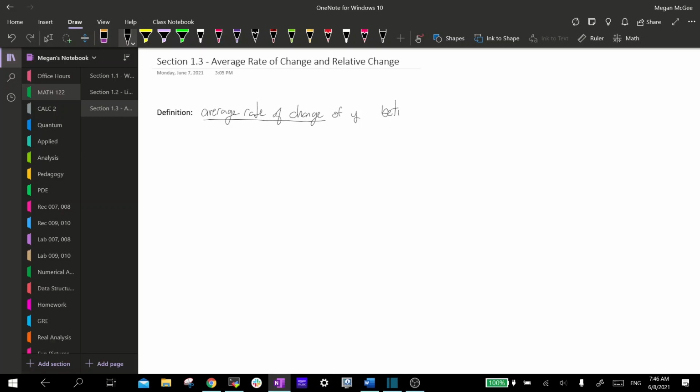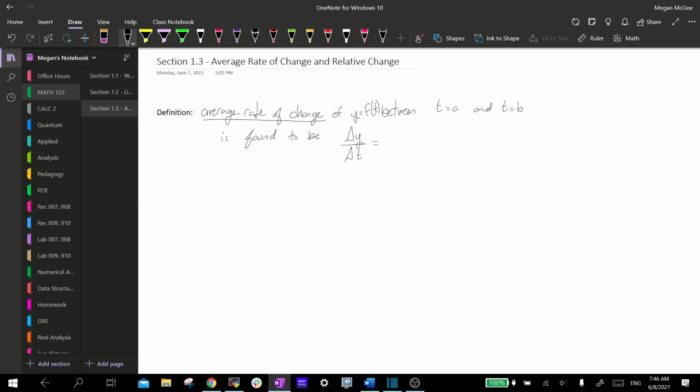between t is equal to a and t is equal to b, where y is equal to some function of t, is found to be the change in y, remember that's our delta symbol, represents change, over the change in t.